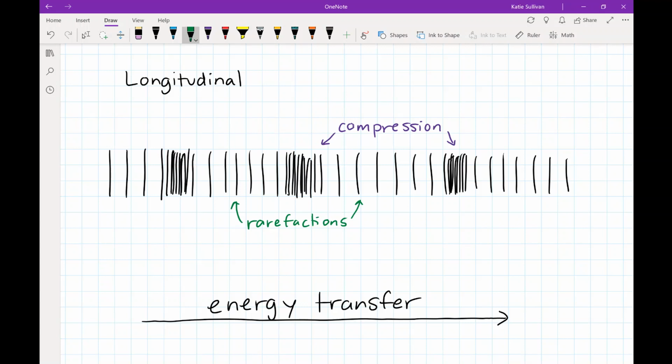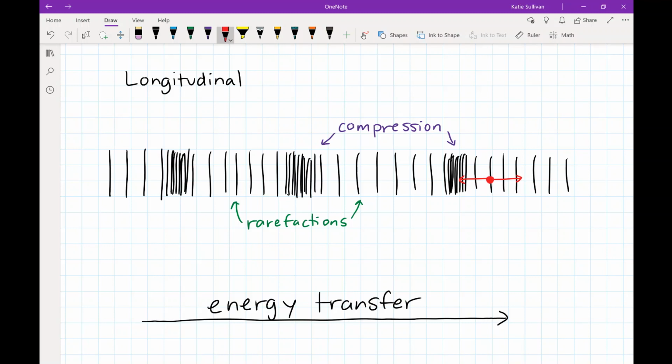It's just two different words that mean the same thing. So rarefactions, rare means there's less of that, so there's less stuff in the rarefaction areas. And if we pick a given point, again, it's going to oscillate back and forth and move in the same direction that the energy transfer is happening. So on that same plane in a parallel way.